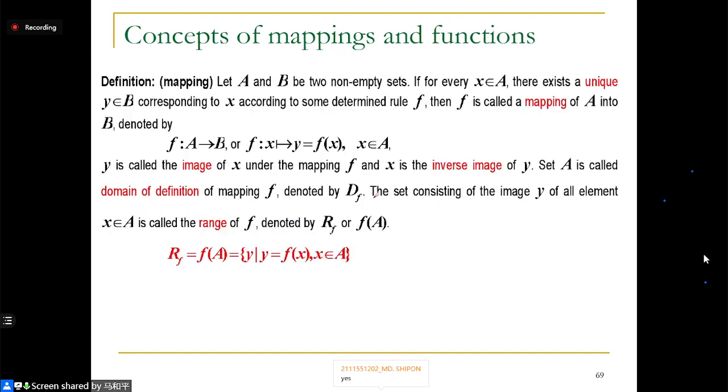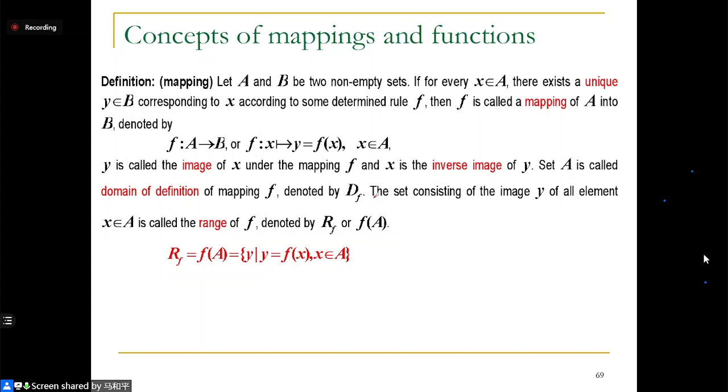Now we will learn the concepts of mappings and functions. We know the definition of mapping. Let A and B be non-empty sets. For every x belongs to A, there is a unique y belongs to B corresponding to x, according to some determinate rule f.